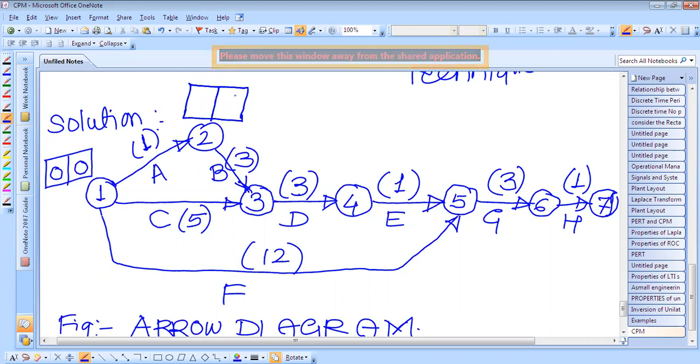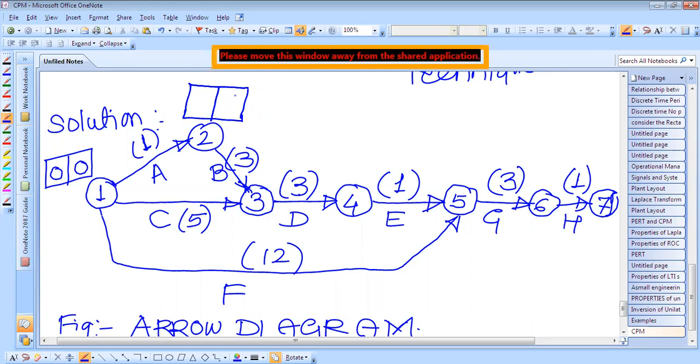So the earliest start time can be calculated for each activity. The earliest start time for every activity is calculated by starting from the first event. Suppose we are going from event 1 to event 2.